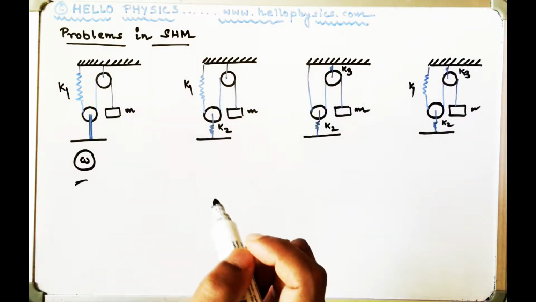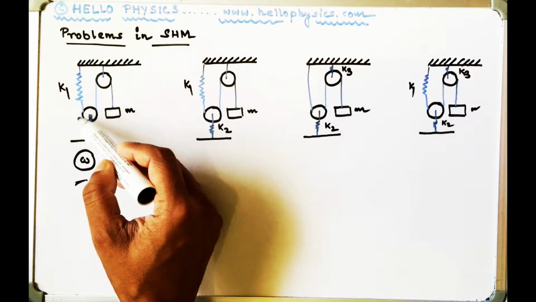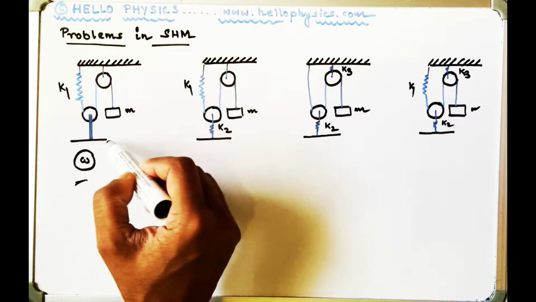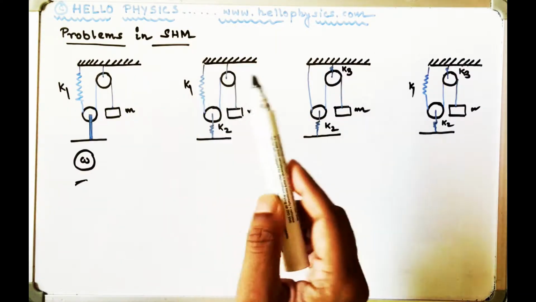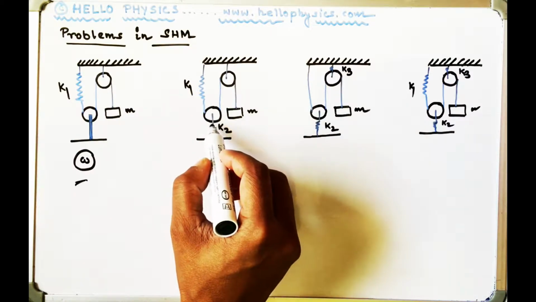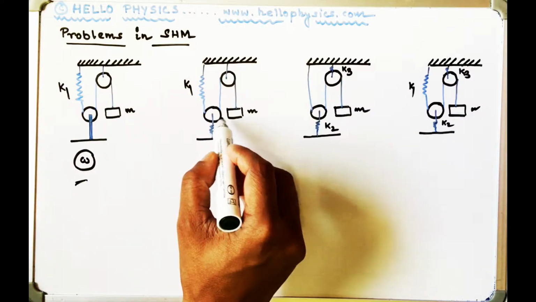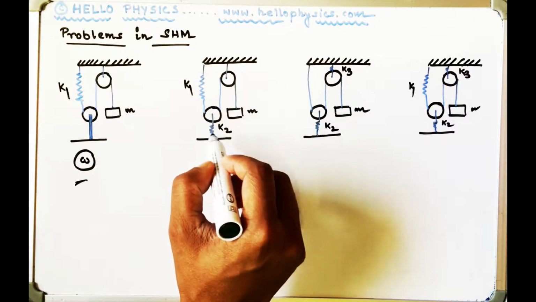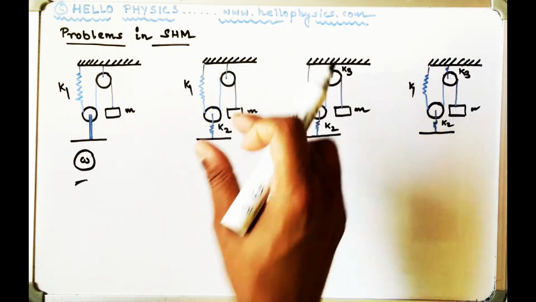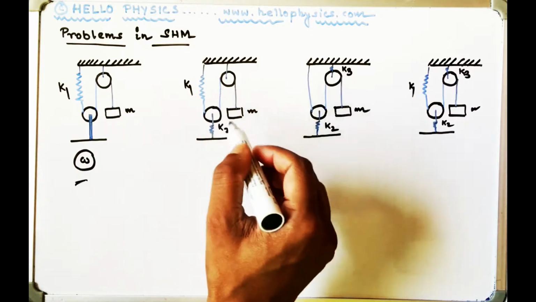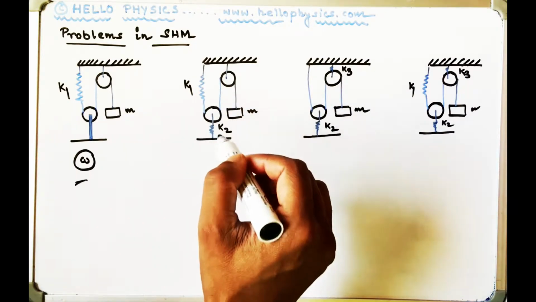In the second setup, this pulley, which was initially fixed to the bottom, has had its fixing removed. Instead, a spring of spring constant K2 has been fixed over here. That means this pulley is now movable in this direction, compressing or expanding this spring of spring constant K2.